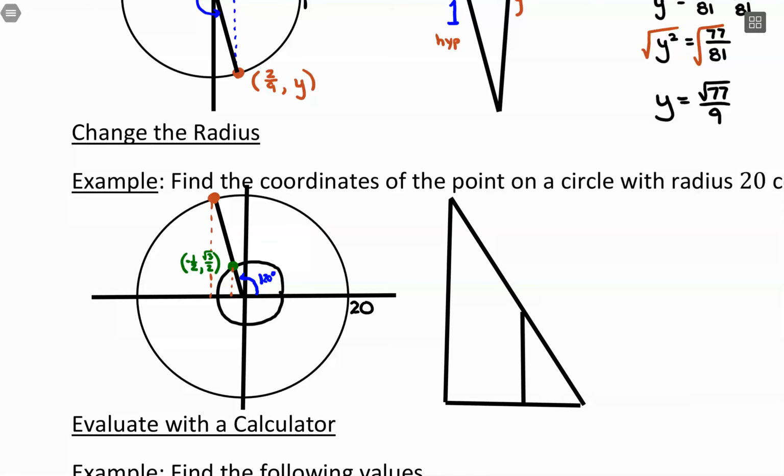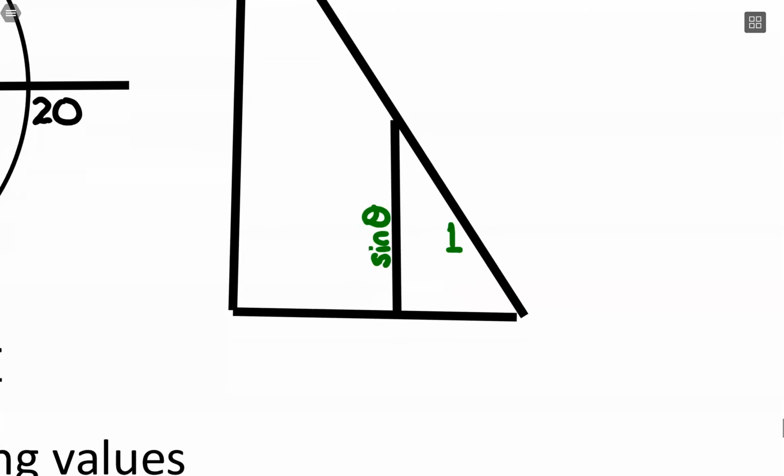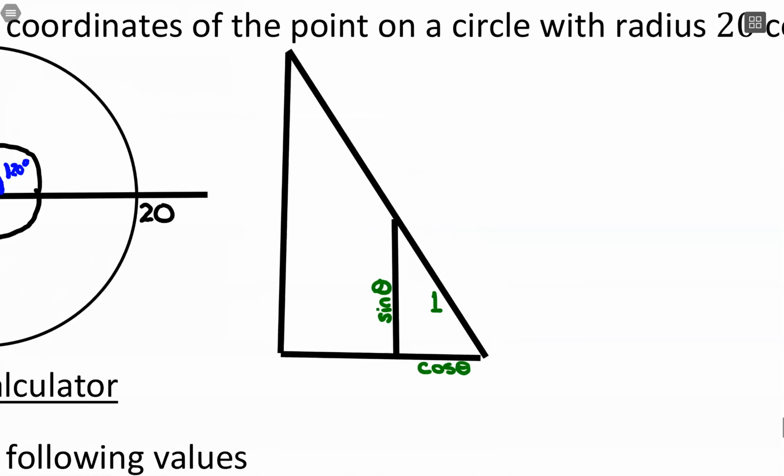So the idea being, with our smaller triangle here, that would have values of a radius of 1. Along the height there, that would be our sine value, since that would be y. And then cosine would be along the bottom, right there. So that's our unit circle triangle coming through.